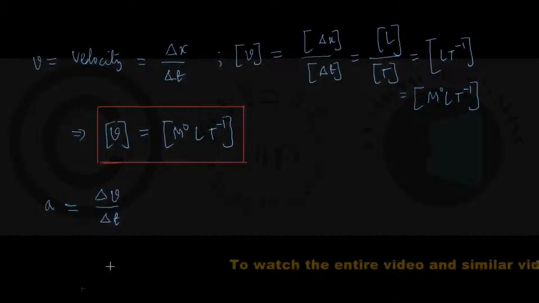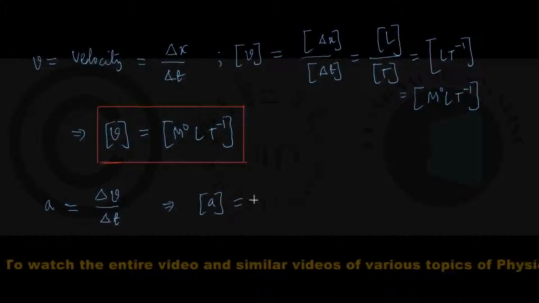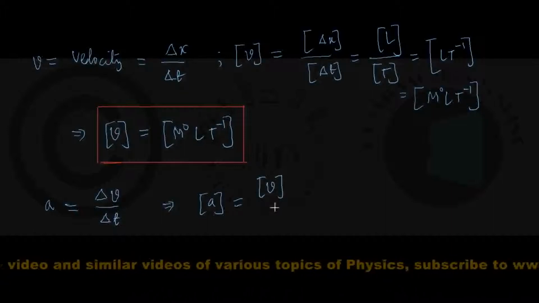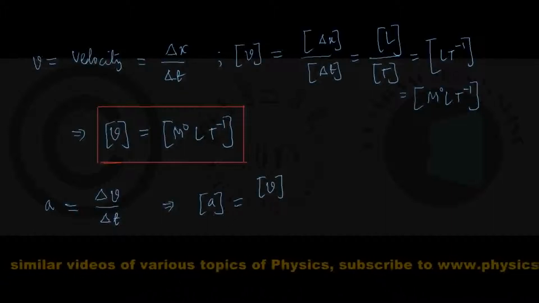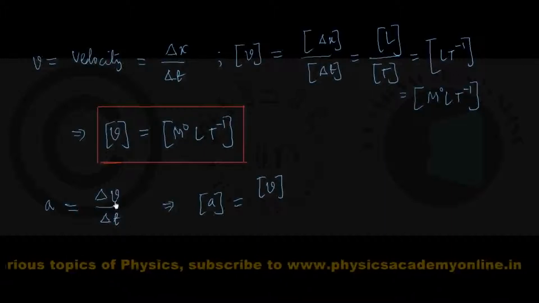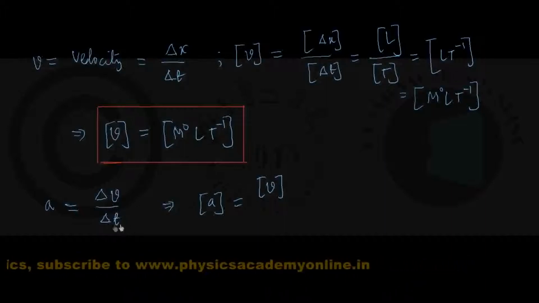Keeping this in mind, we can find that the dimensional formula of a must be the dimensional formula of v divided by that of t, because delta v and delta t have the same dimensions as v and t respectively. Whatever the dimensional formula of v is, that's also the dimensional formula of delta v. Similarly, t and delta t should have the same dimensions, and we know them.